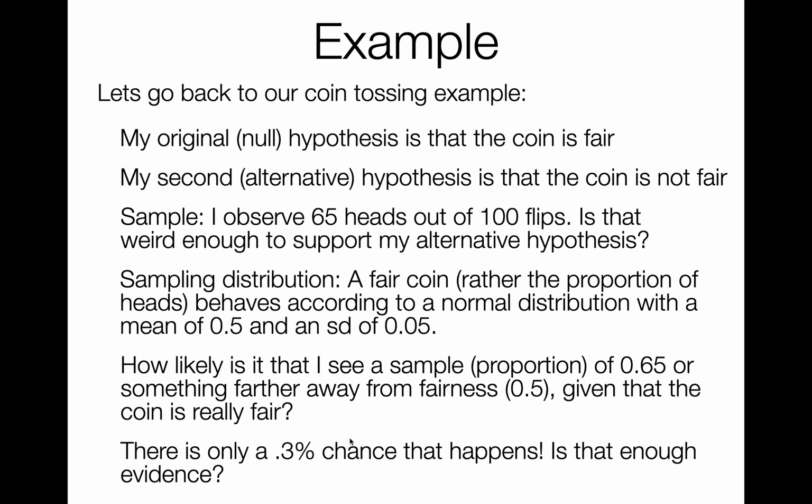It could be greater than 0.65 or something weird in the small p direction, but don't really think about that for now. We'll get back to that. It turns out that there's only a 0.3% chance that I actually see a sample proportion of 0.65, i.e. 65 heads out of 100 flips, if the coin is really fair.